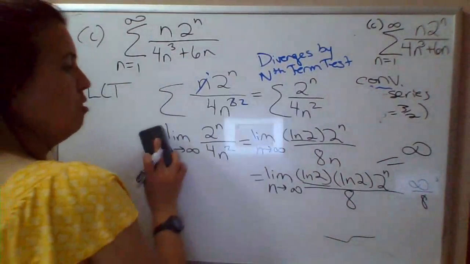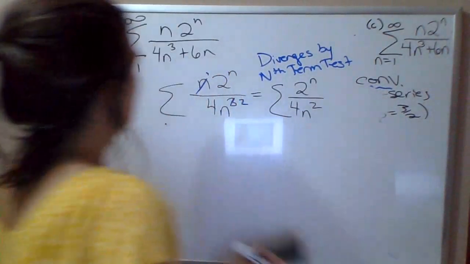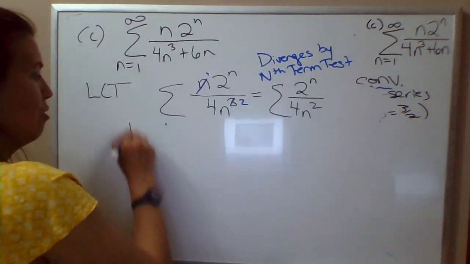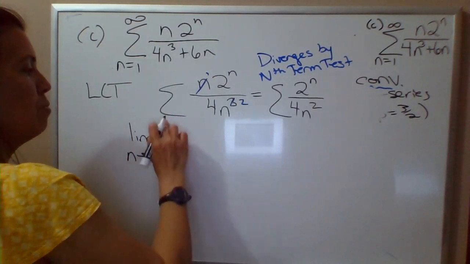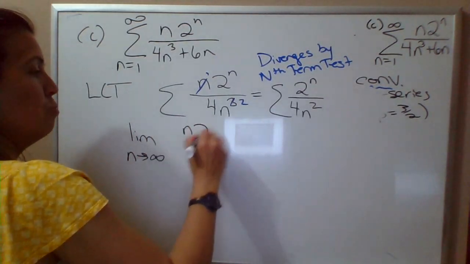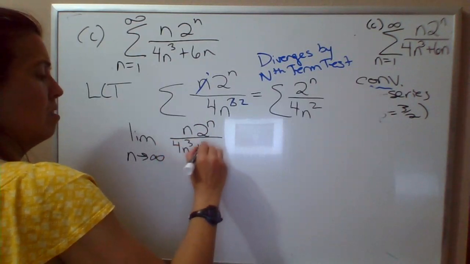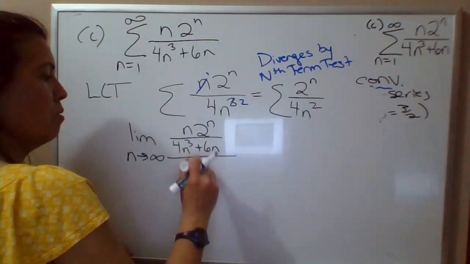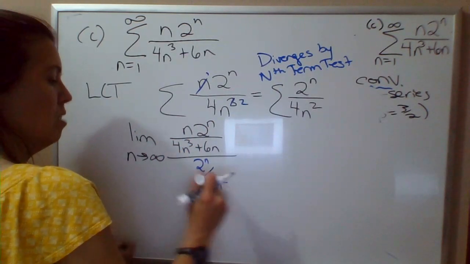So if we know this series diverges by nth term test, we still need to tie that into our given series. So I still, unfortunately, have to deal with the limit as n approaches infinity of the terms in the given series over the terms in the comparison series. I'll write the simplified form this time: 2 to the n over 4n squared.